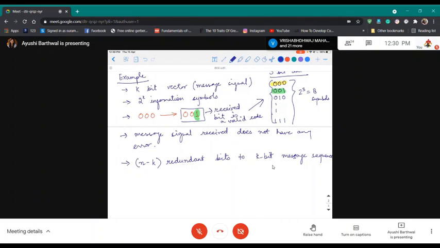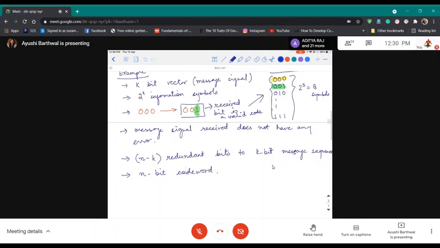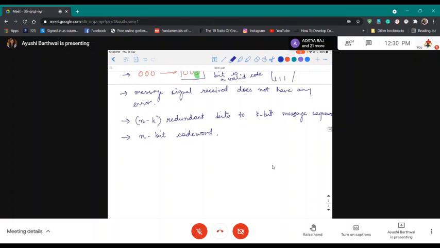Now we are adding n minus k redundant bits. So the final code word will be n bits, right? k plus n minus k. You can interrupt me wherever there is confusion. So now we have an n-bit code word. Now let's see how this n-bit code word actually helps us in determining errors.